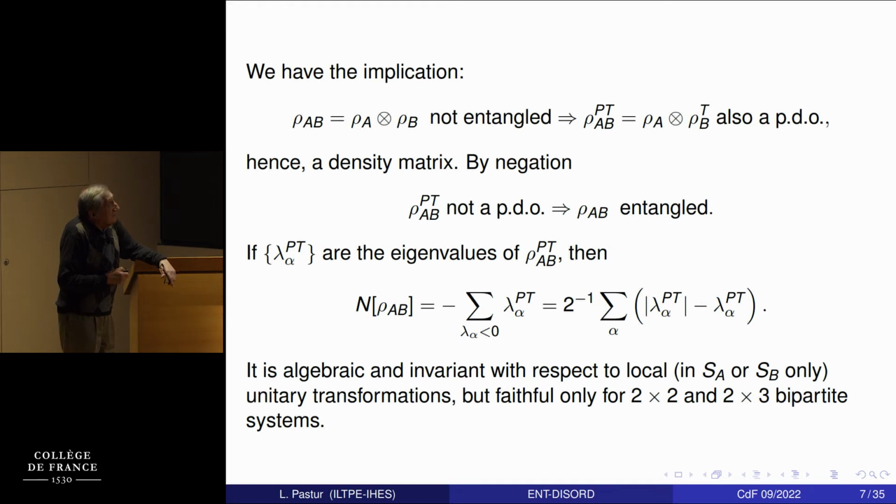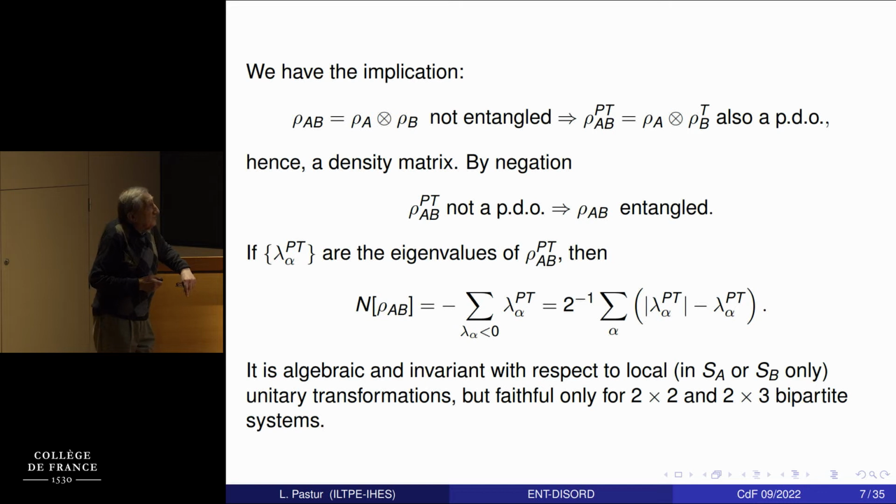But in general, it's easy to show with simple examples that if the dimension of your system is arbitrary, then this is just a sufficient condition. There are entangled density matrices that do not satisfy this condition. But if you confine yourself to 2 by 2 or 2 by 3 matrices, there is a simple theorem saying that in that case it is one-to-one.